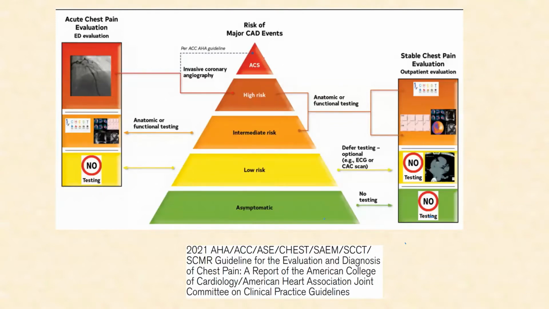Acute coronary syndrome, no doubt, should go for coronary angio. Now, for low risk, usually no testing is required. For high risk, you may go for coronary angio or further testing, but for intermediate risk, usually you choose to go for anatomical or functional testing.